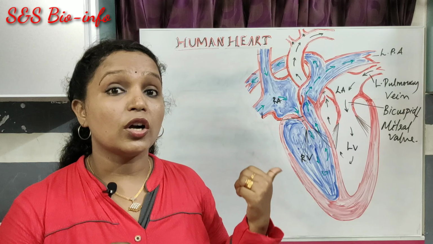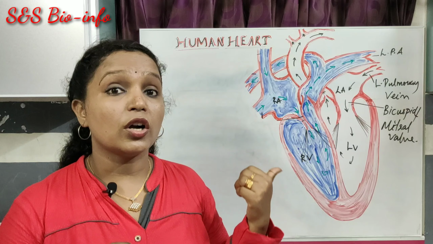Here you can see the bicuspid or mitral valve. On the left side, the second valve is the bicuspid valve. So tricuspid on the right side, bicuspid on the left side.